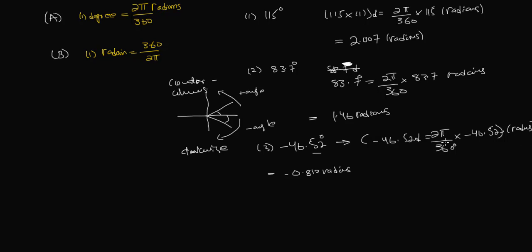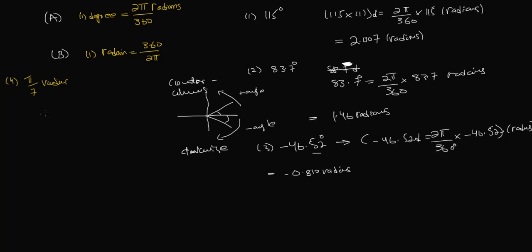So we have done enough for degrees to radians. Let's do a backward conversion. Convert now. So the problem is pi divided by 7 radians, and we have to convert it to degrees. Now let's use equation 2, equation B for this conversion.